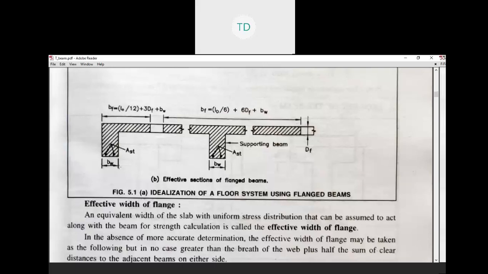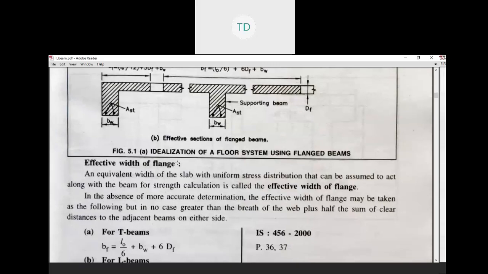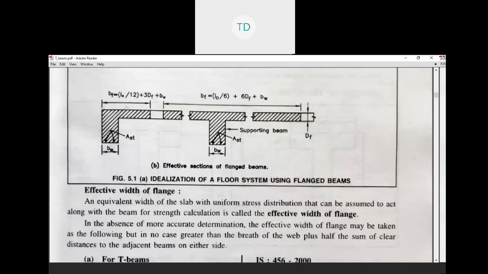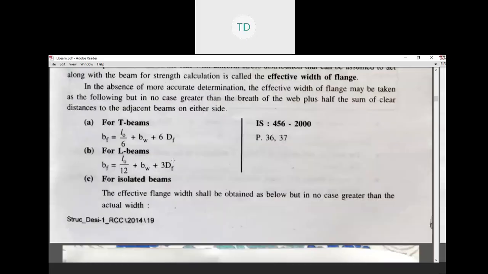In case of T-beam, the equation changes to BF is equal to L0 divided by 6 plus 6DF plus BW. From that equation, we can get the length of the slab that acts with the beam.